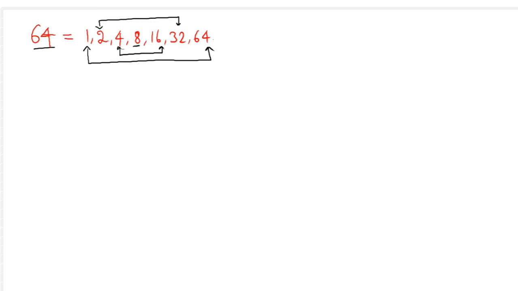Now, why is this idea being discussed? Because if one can identify whether either of the pair is a factor, like from 1 and 64, if 1 is the factor, then 64 automatically becomes a factor.